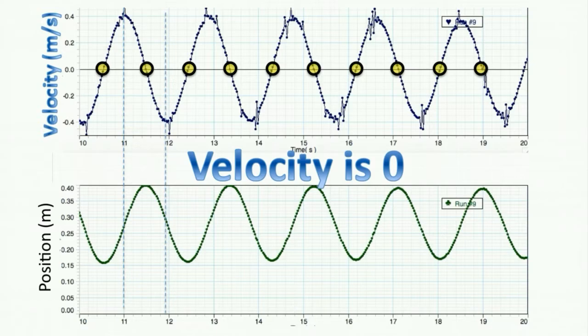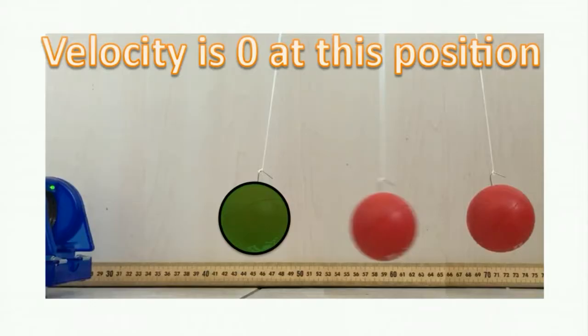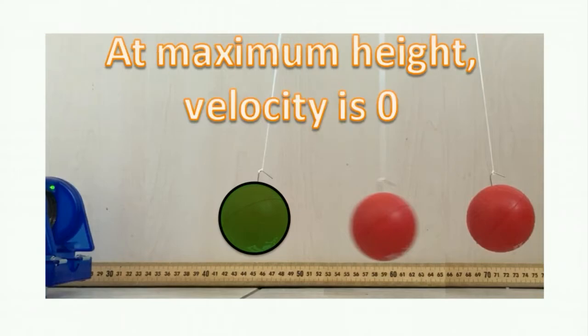And so notice there are many points when the velocity is 0. Let's look at one point there. Notice that the velocity is 0 when it seems that the pendulum is closest to the motion sensor. So what is this position here? Well, remember at maximum height, the velocity is always 0.